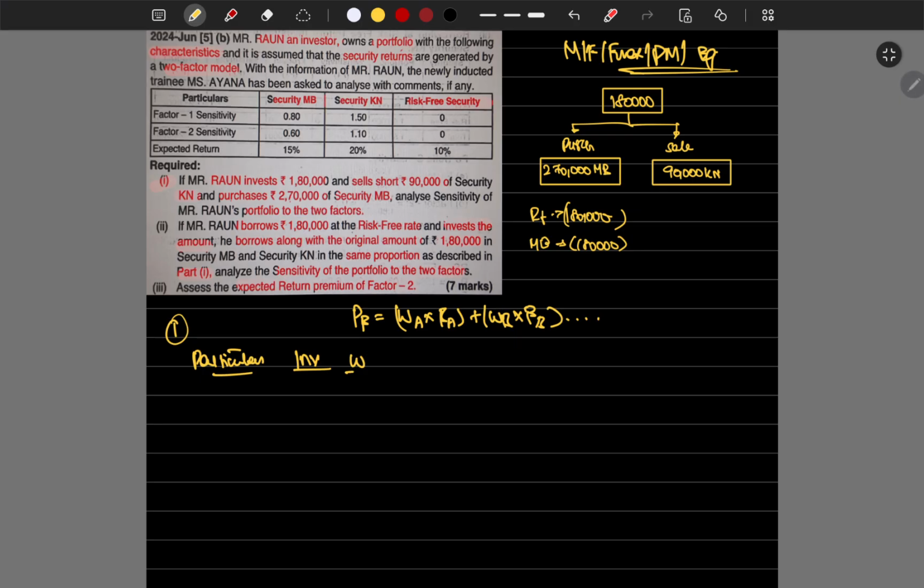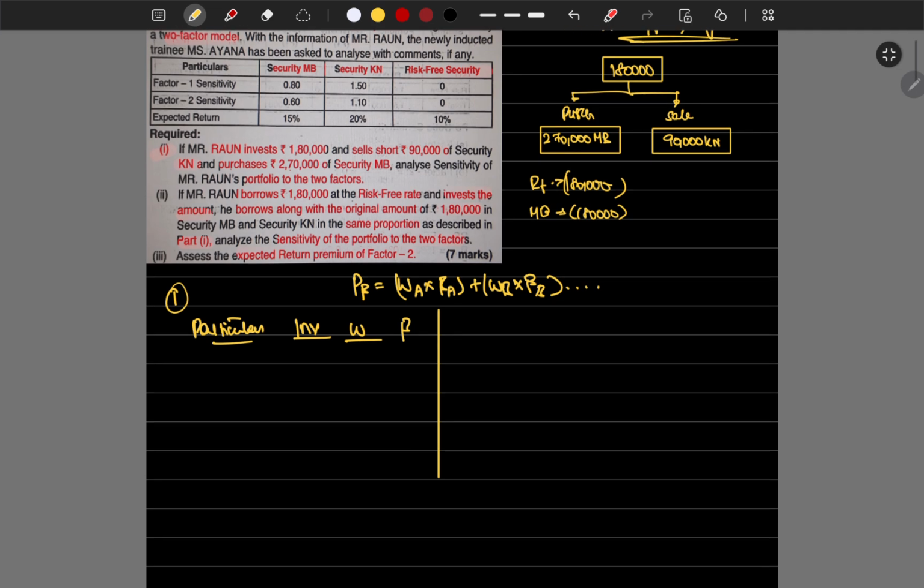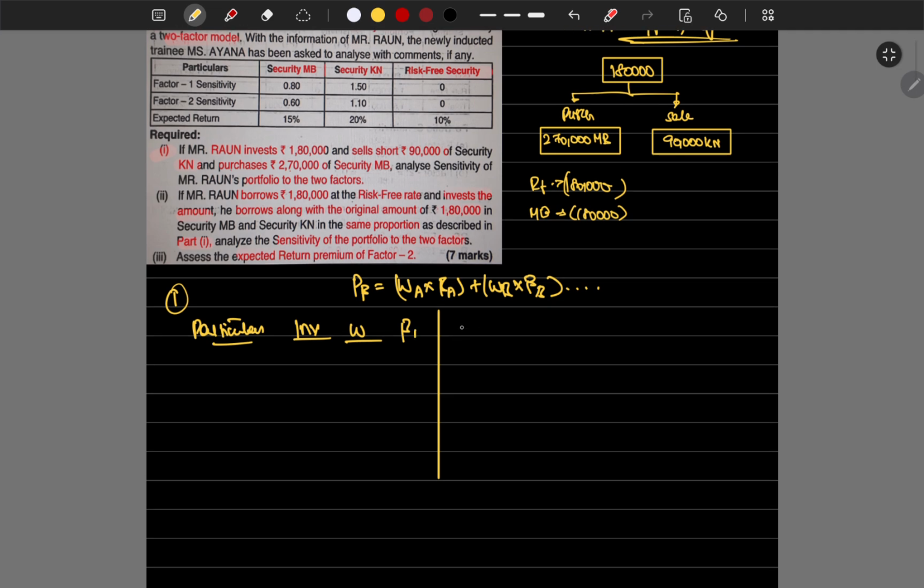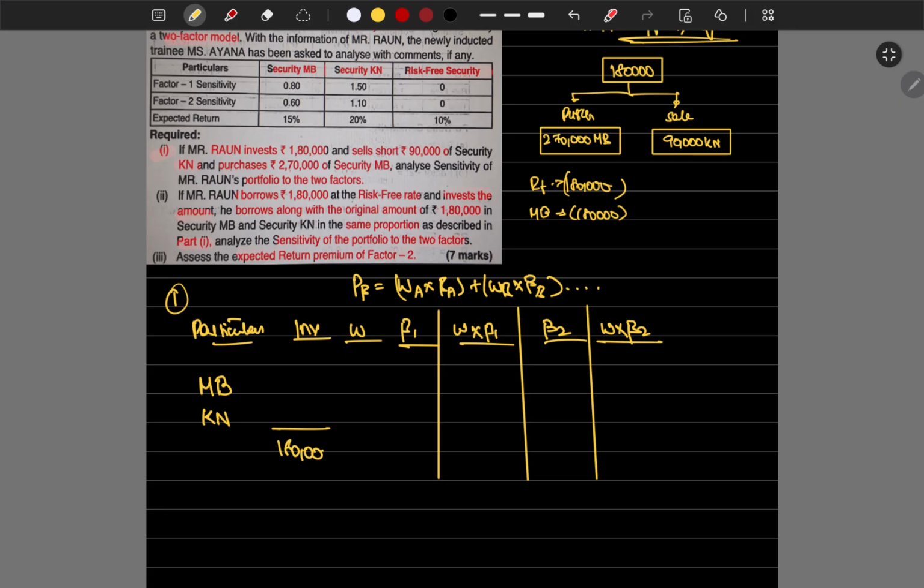So weights we have to calculate, and then take the betas: beta 1 and weight into beta 1, then beta 2 and weight into beta 2, for MB and KN.